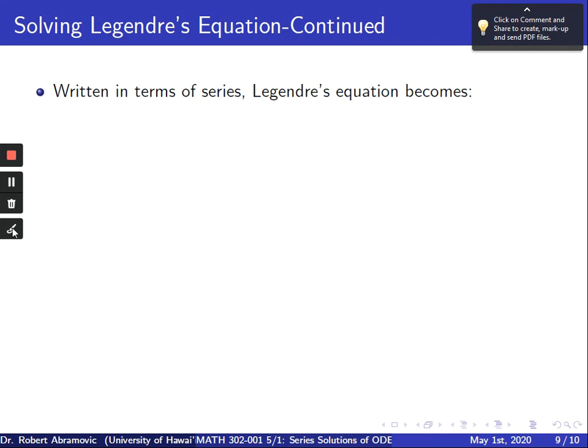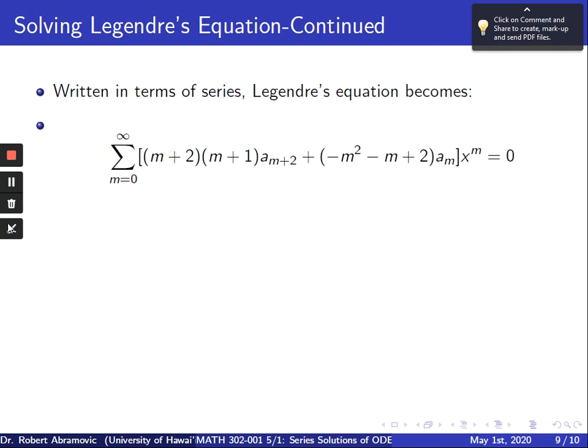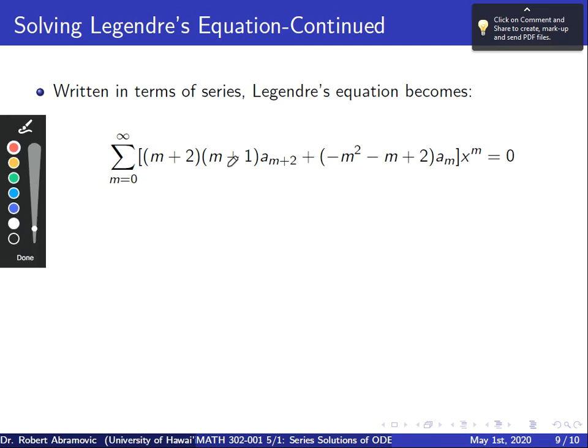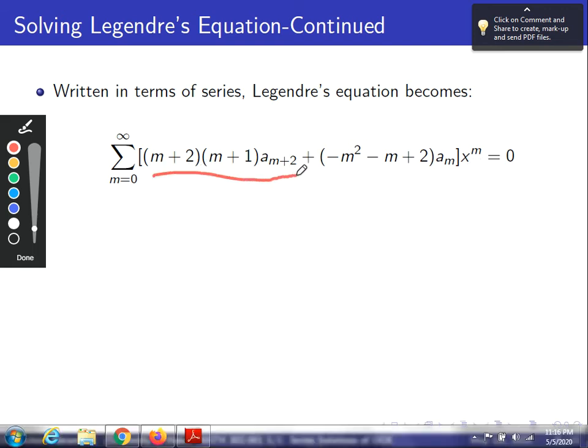When we write this in terms of series, Legendre's equation then becomes the following. This is from putting everything inside the summand, pulling x to the m out, combining terms that involve a sub m plus 2, and combining like terms that have a sub m as a factor. If this is 0, that means each term, just like a polynomial, individually has to be 0.